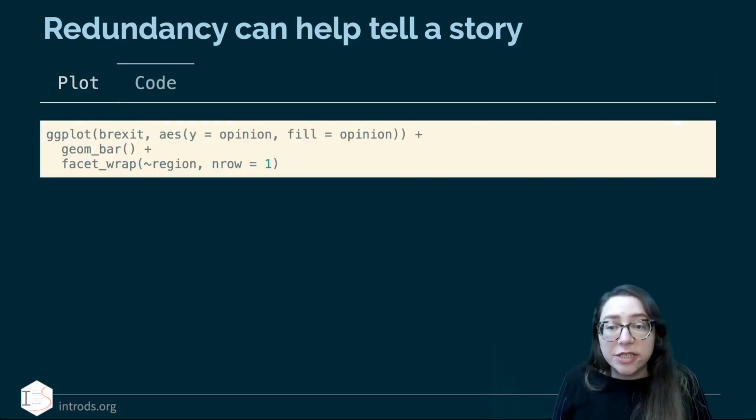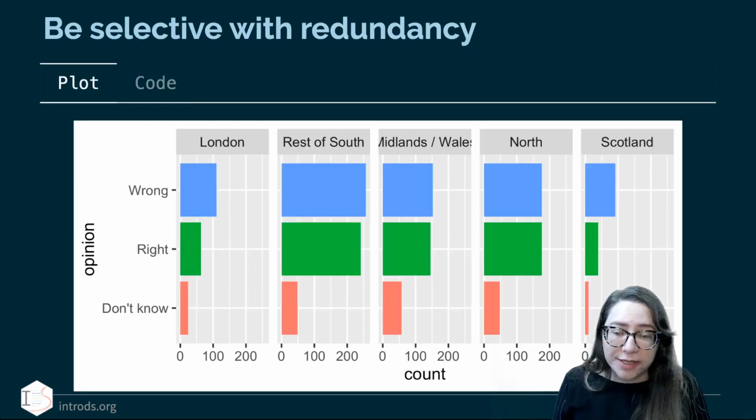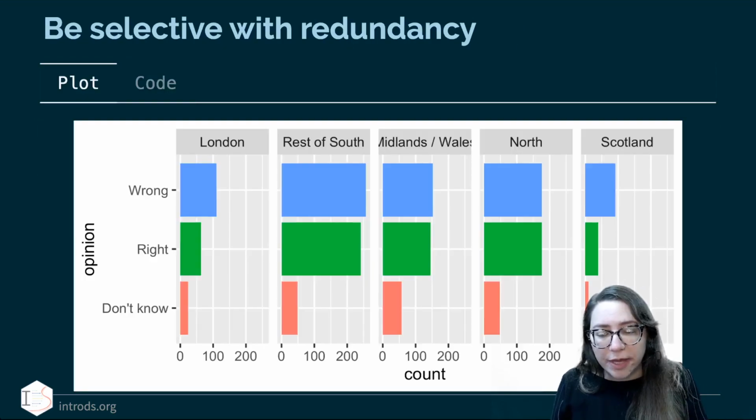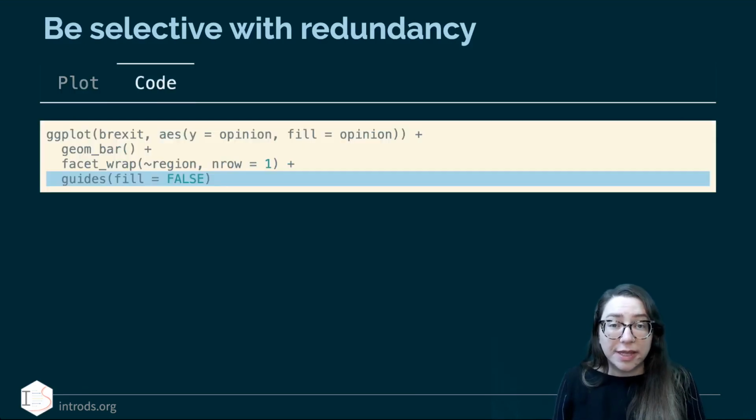Definitely not. So I might want to avoid that redundancy, saying I've already given you this information on the y-axis labels, don't give me the legend again. And the way we would do that is using the guides function in ggplot to turn off the guide, in other words, the legend. Specifically here, I'm saying in the guides, make the legend for fill false.